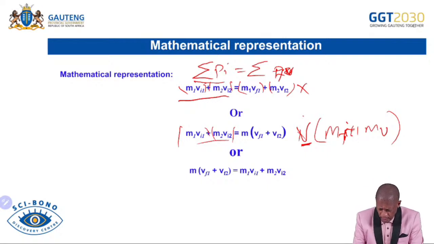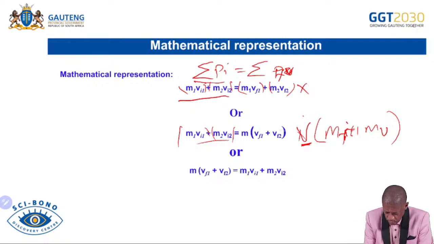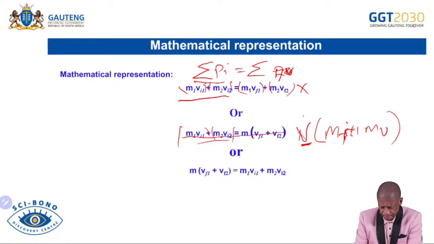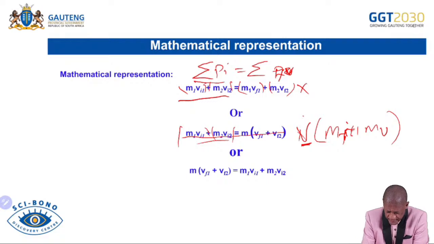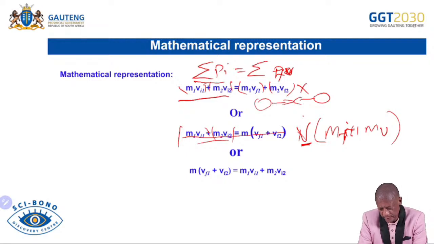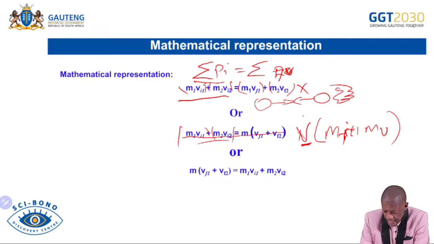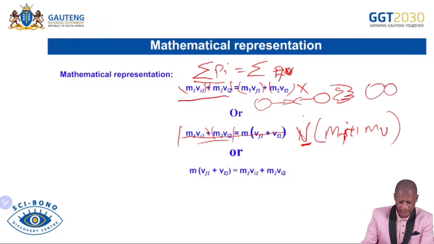So what do we know now? I want us to ignore this one and take this one to say, if two objects collide, this object is moving this way and that object is approaching this one, and these two objects move off together, whether this side or that side.